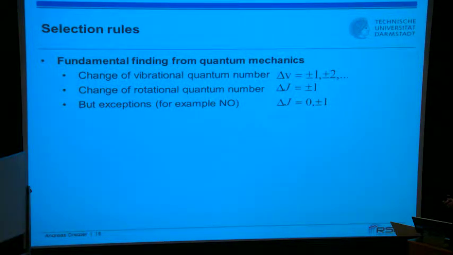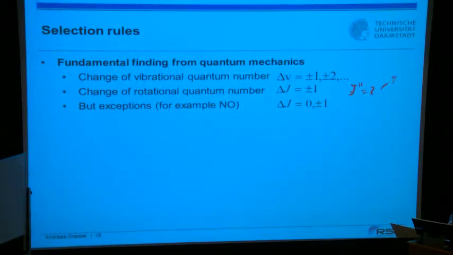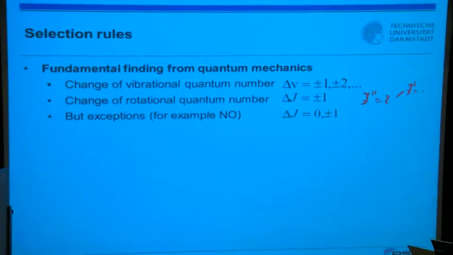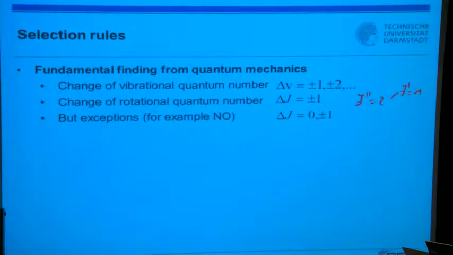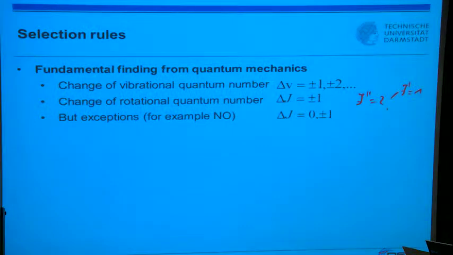For example, let's start with the J levels, the rotation numbers. In almost all cases in infrared spectroscopy, the J level can change only by plus or minus 1. For example, if your initial value is 2, then you have two possibilities for your final level after absorption: either 1, that would be a P line, or your final rotational level is 3.